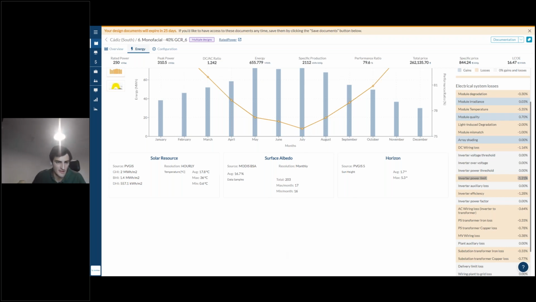Are you considering the shading from the windmills which are in the vicinity? No, currently the algorithm that runs the energy model in PV design is a 2D calculation, so near shadings are not yet implemented that way.